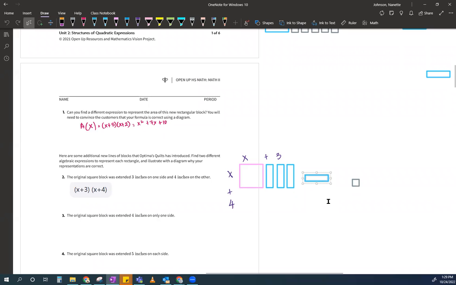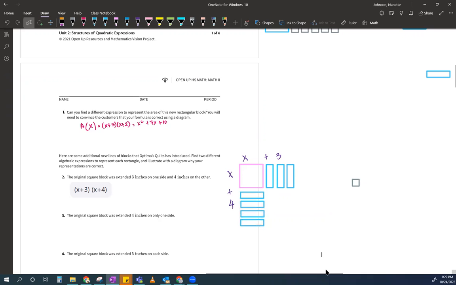So here's 2. I keep clicking cut. Okay, and then I'm going to copy this. Right, and I'm going to move all this over here.